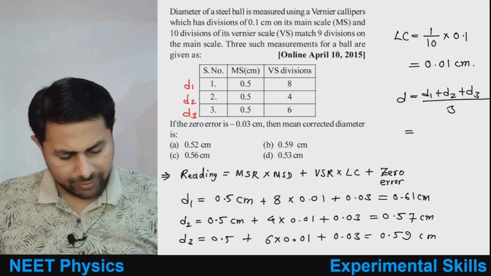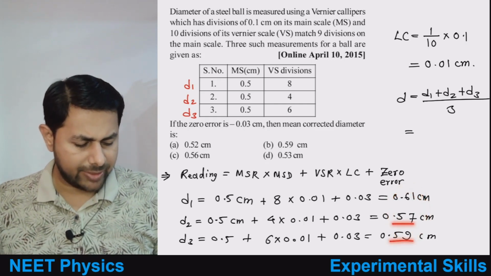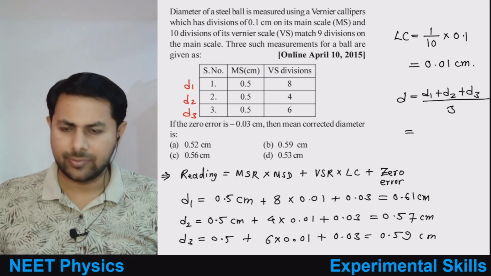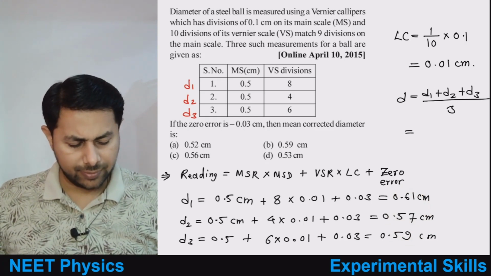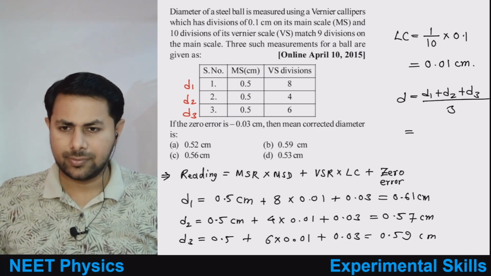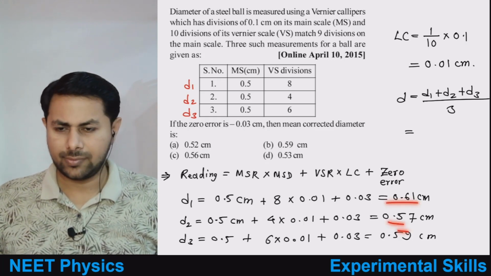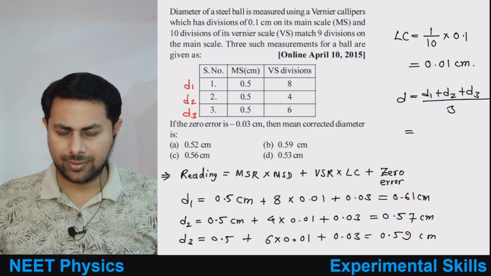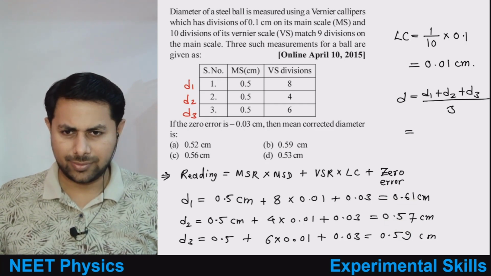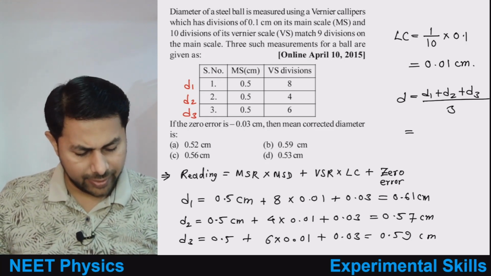Tell me what's the average? 0.61 plus 0.57 plus 0.59 divided by 3. What's the answer? Is it 0.59?